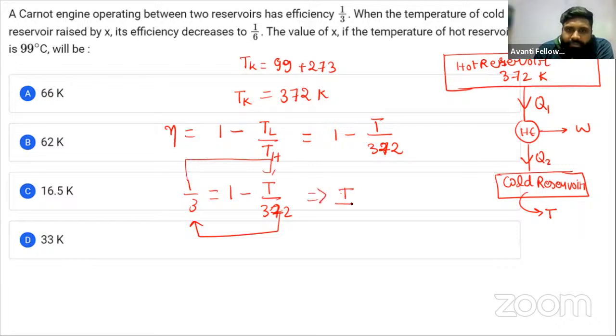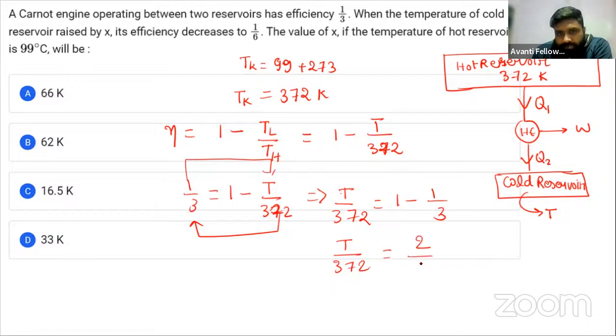It will become T/372 equals 1 minus 1/3, which is 2/3. We will cancel this out: 3 1s are 3, 3 2s are 6, and 3 4s are 12. So the temperature of the cold reservoir when the efficiency is 1/3 will be 248 Kelvin.